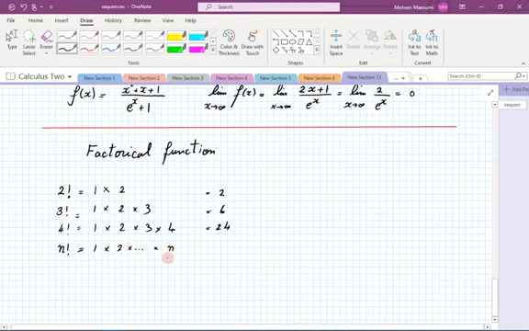For 1 factorial, we don't have any multiplications, just the number 1, and that is just 1. A standard convention that helps us in many of our formulas is to define 0 factorial. 0 factorial doesn't match the description, but by definition we set it equal to 1 just for simplicity of our future formulas.